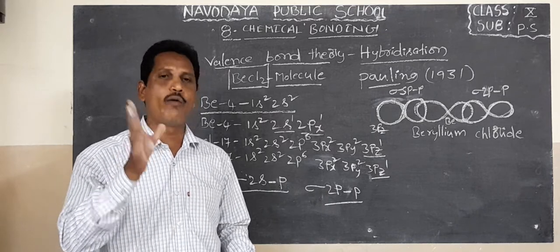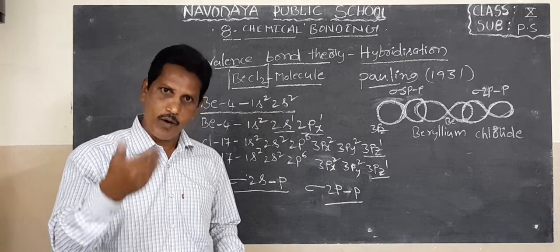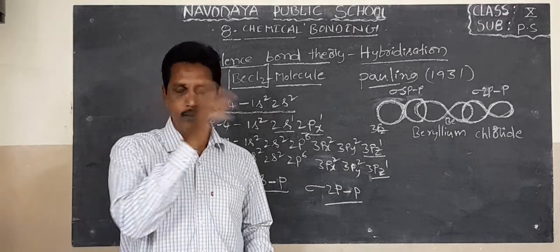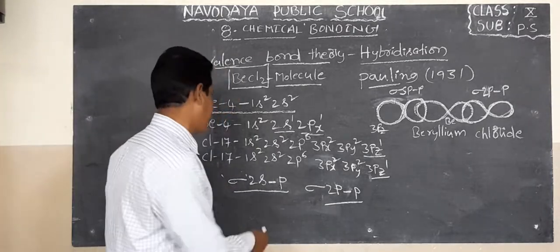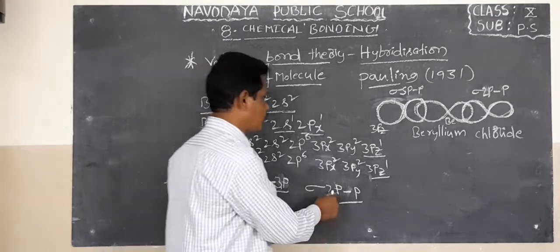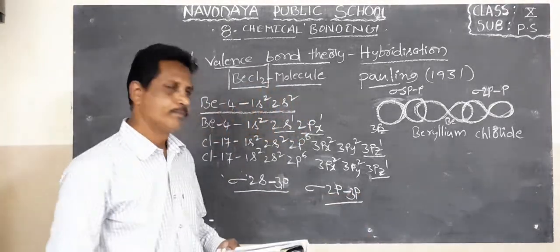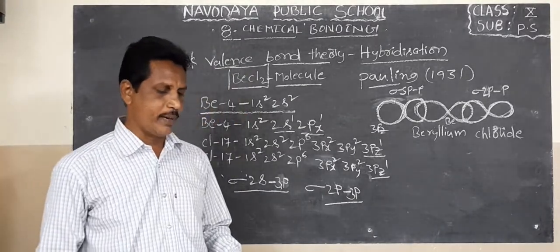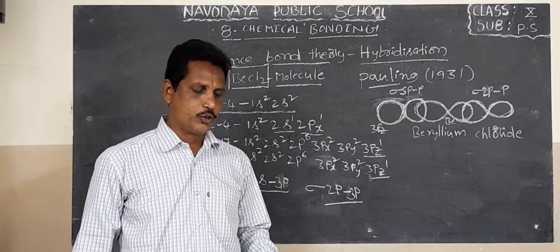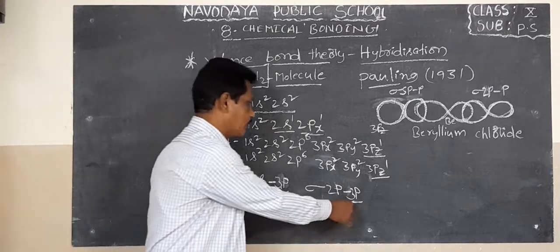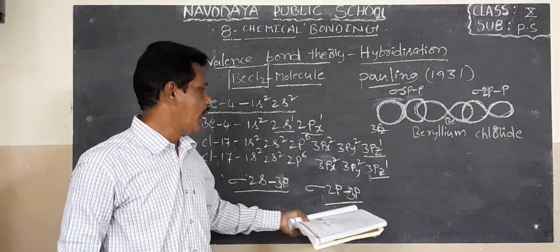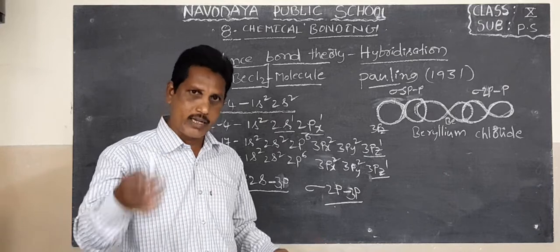If beryllium forms two covalent bonds with two chlorine atoms, one bond should be sigma 2s-3p, due to overlap of the 2s orbital of beryllium with the 3pz orbital of one chlorine atom, and the other bond should be sigma 2p-3p, from the 2p orbital of beryllium and the 3pz orbital of the other chlorine atom.